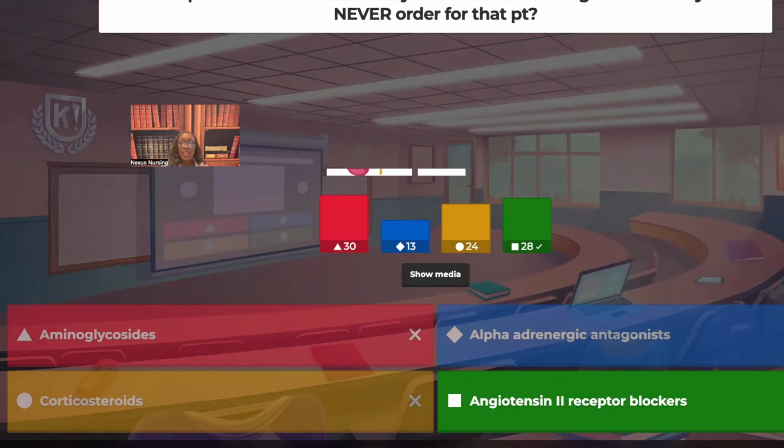They're very hard on the kidneys, but it's not contraindicated. They're hard on the kidneys, but if the patient needs them, then they need them, right? It's not contraindicated for aminoglycosides, but it's absolutely contraindicated for ACE and ARBs, both of them.